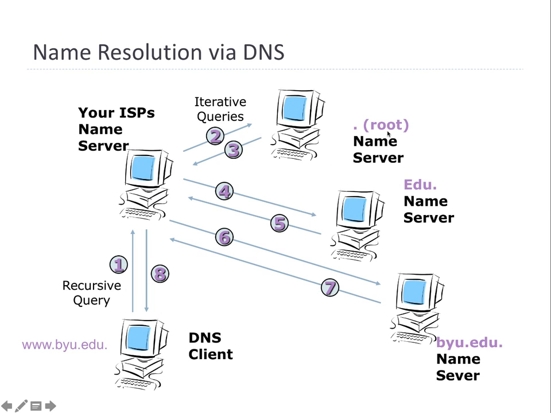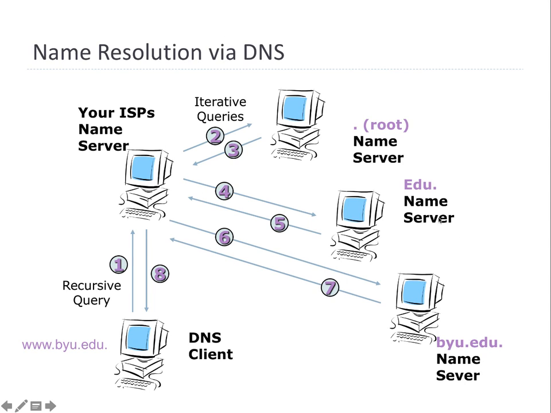Okay, so if you are resolving a domain name, you're going to start off with a particular computer. You're going to go to your internet service provider, and if this is the first time that this website has been looked up, it's going to go to a root name server to find what is the top level domain IP address for the thing you're looking for, like .edu.